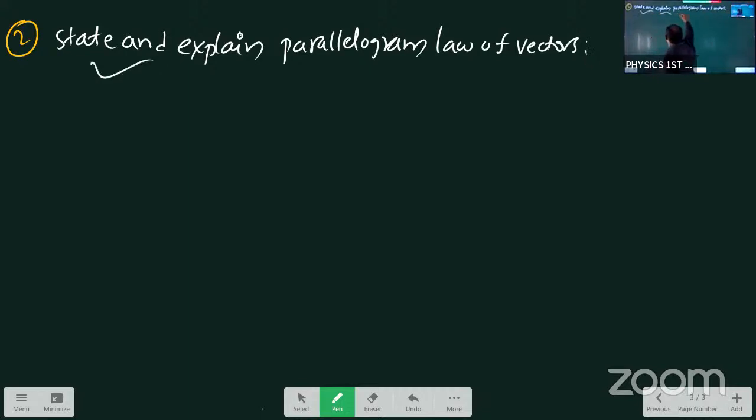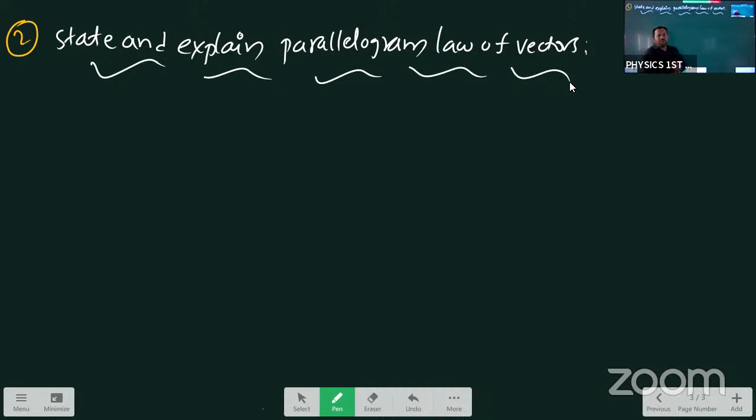This is the second 3-star question from intermediate first year, students. This is from motion in a plane.